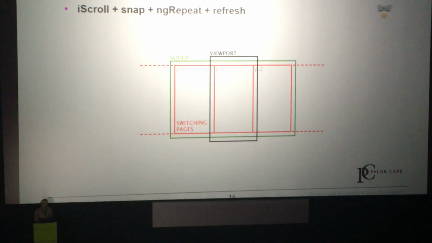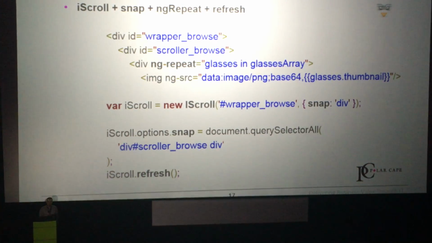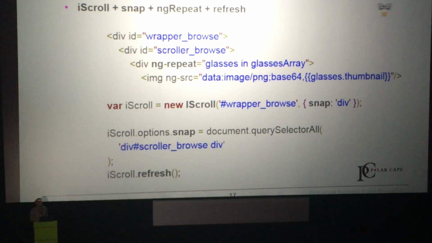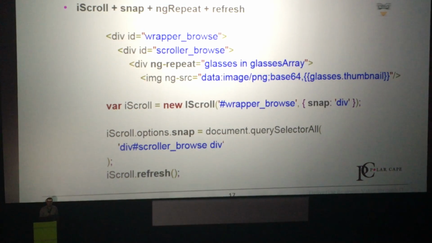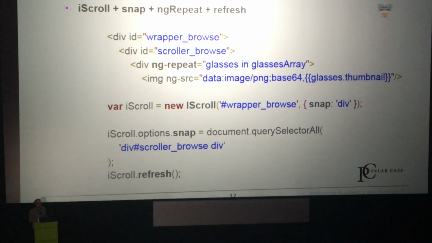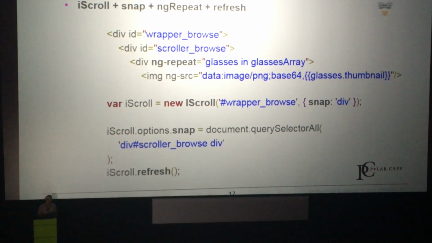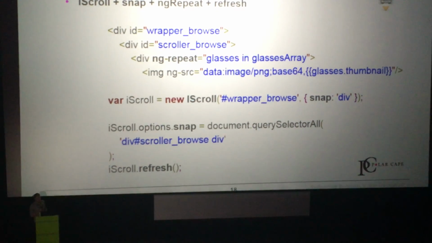This is probably a bug on the iScroll side, and after refreshing, there are no images in the snap option. You just need to add all the previously loaded images to the snap option on the iScroll, and just refresh iScroll, and everything will work fine.